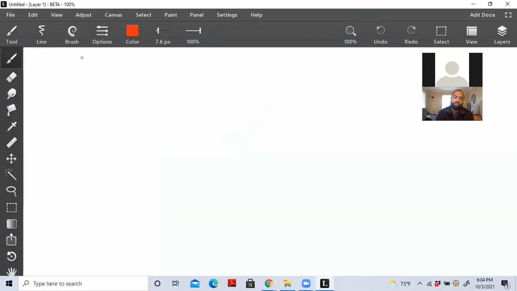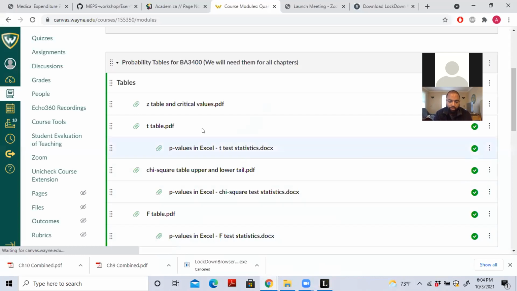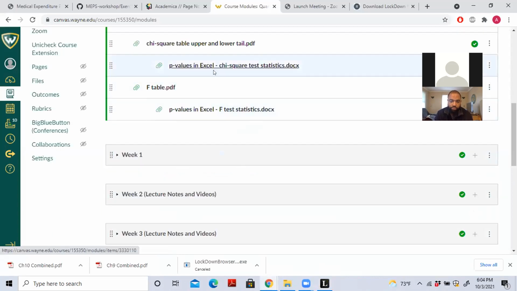You don't need to use Excel. The example will be something like this.